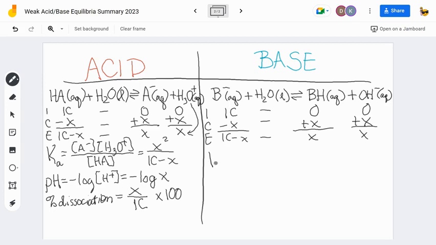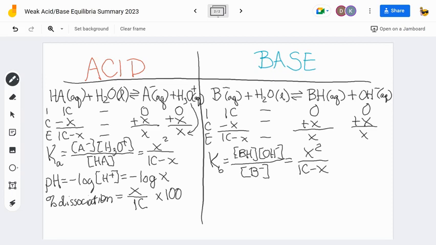In this case, Kb is going to be the concentration of my products over the concentration of my reactants. Ignoring water, so it's X squared over initial concentration minus X.